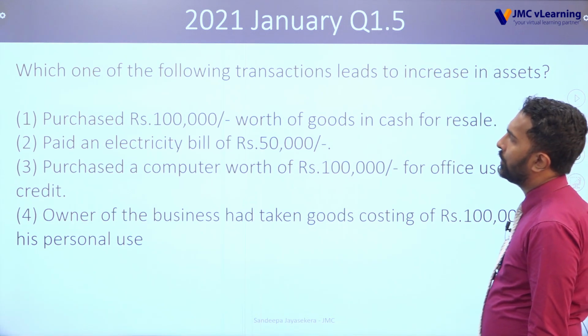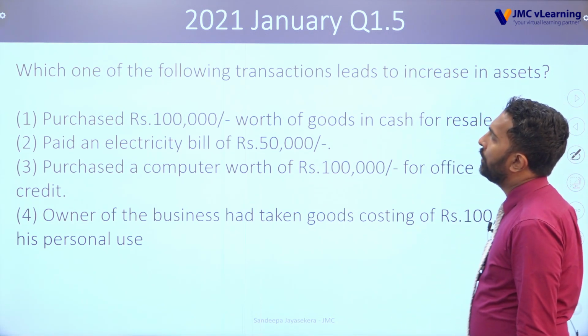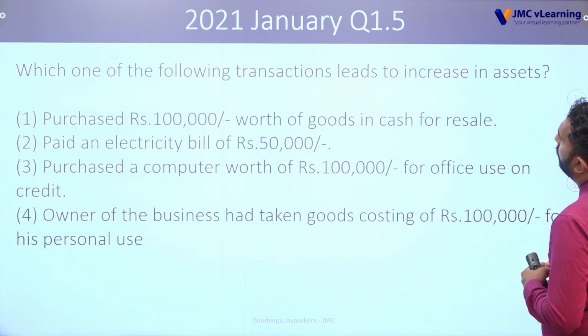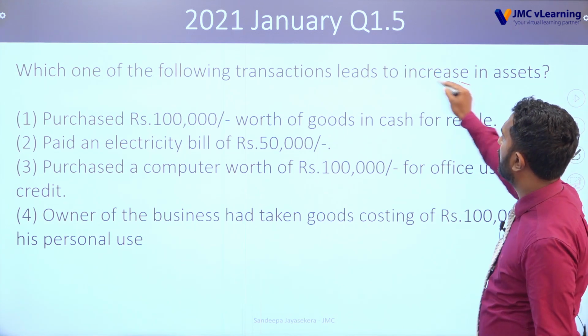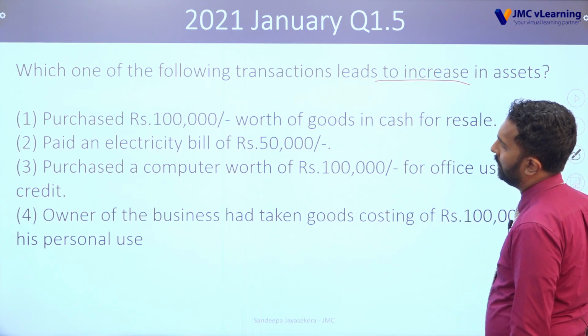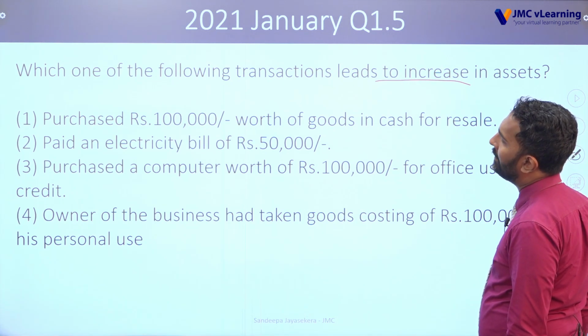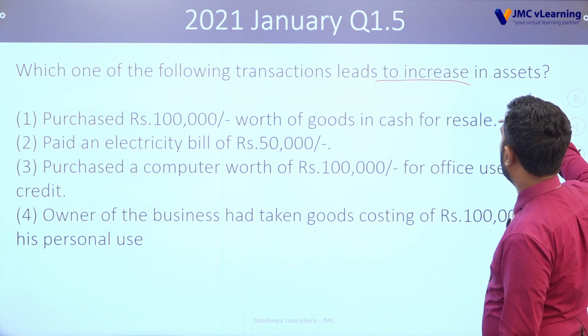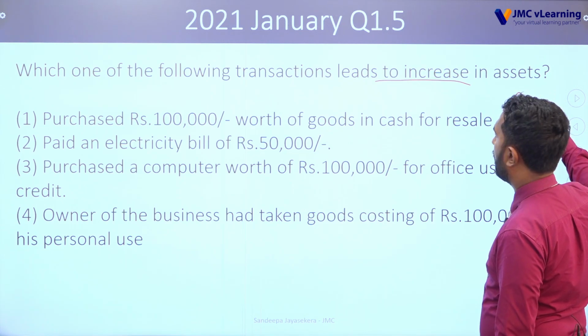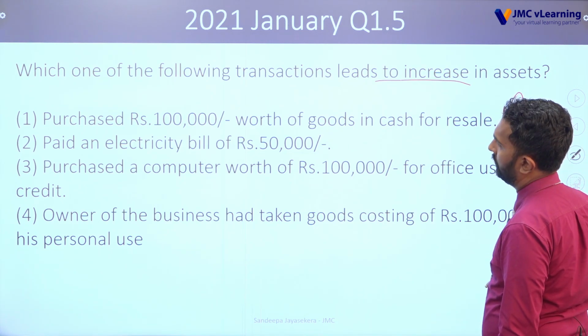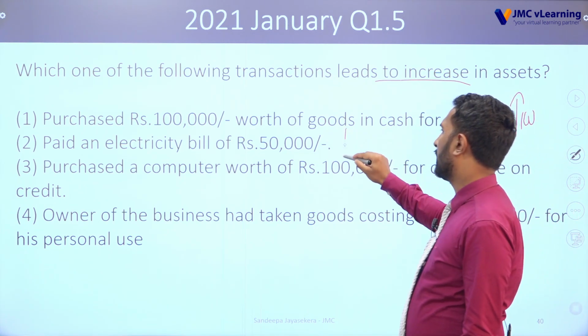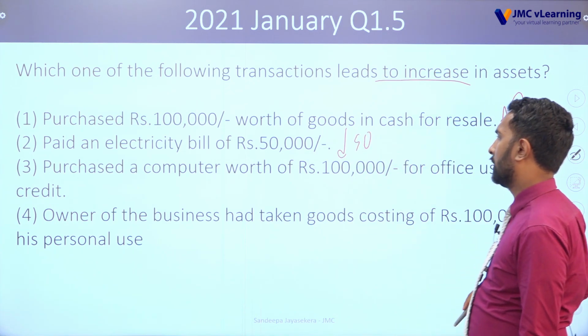2021 January. Which one of the following transactions leads to increase in assets? Here they are saying increase in assets. Purchase 100,000 worth of goods in cash for resale. Paid an electricity bill, assets will come down by 50,000.